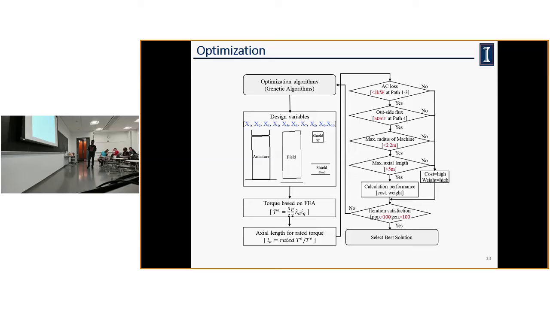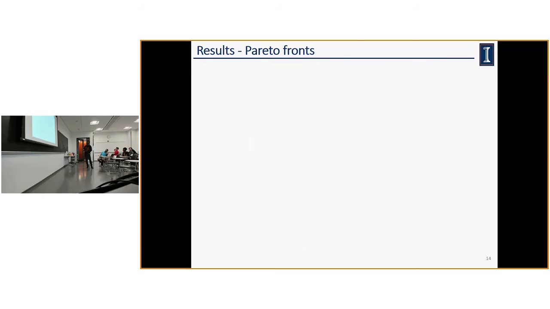We set the outside field flux density to be less than 50 millitesla, and we put some constraints on the machine, like the radius would be this and the length would be less than this. Then we calculate the losses and the weight, and feed them back to the genetic algorithm to choose our new generation. So here I have some results.